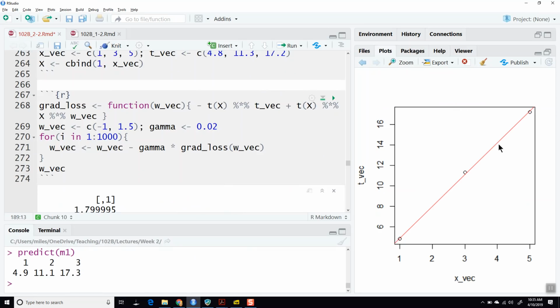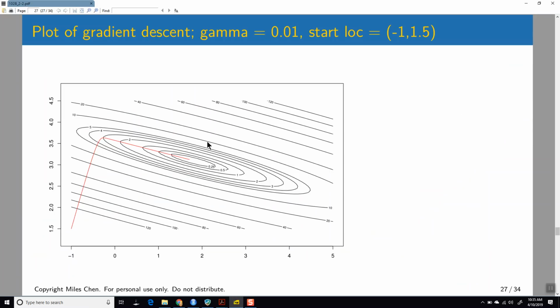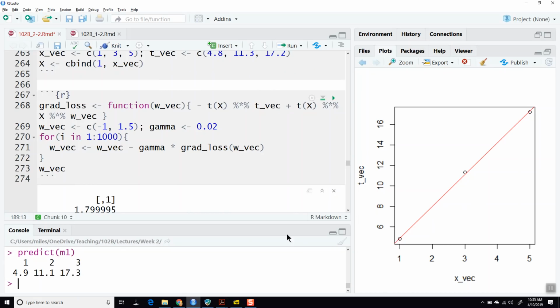Okay, so we have three data points, and we can calculate the total squared loss. And if I used a different set of parameters, okay, so if I used -1 and 1.5, and I don't even know if this will even appear on our data set. Okay, if I have -1 and 1.5, and we'll say color is equal to blue. So this would be kind of the fit line over here.